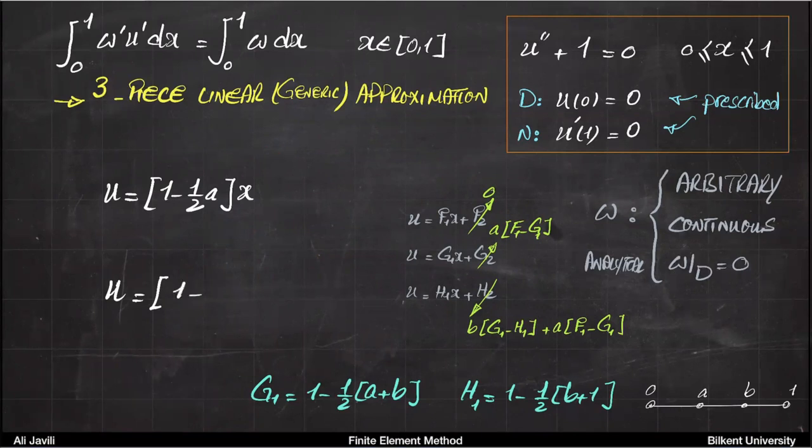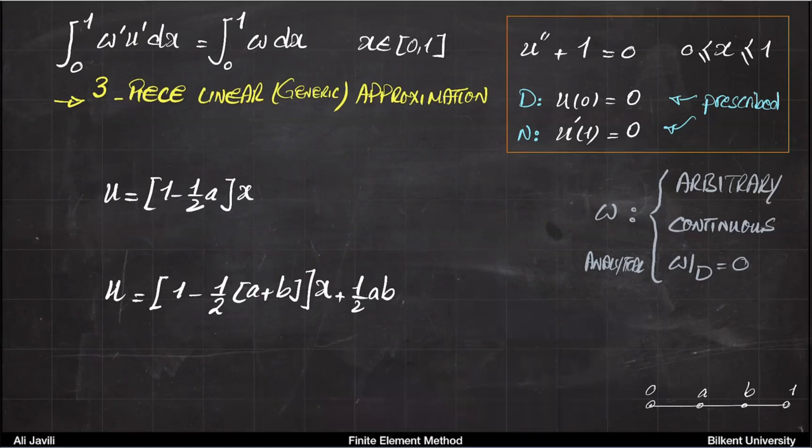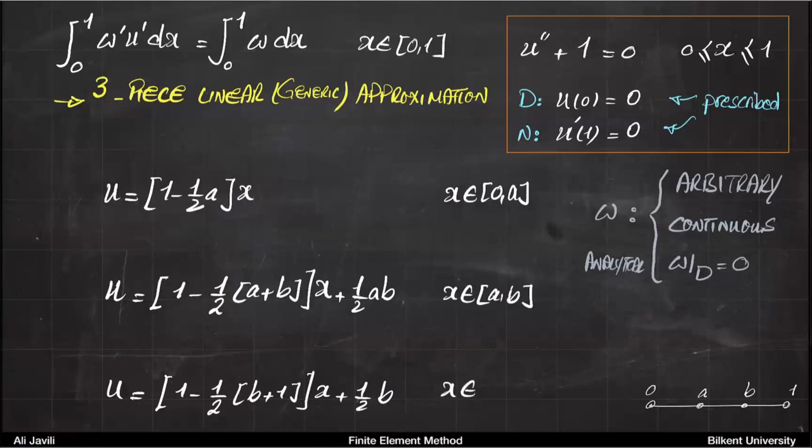And if you insert that, you would end up with something which looks like 1 minus 1/2 A plus B times x plus 1/2 A times B. And eventually you insert H1 for the third piece of U. So for the third piece, you have U equals 1 minus 1/2 B plus 1 times x plus 1/2 B. And as I mentioned, the first piece is x in 0 and A. The second piece corresponds to x between A and B, and the third piece is corresponding to x between B and 1.